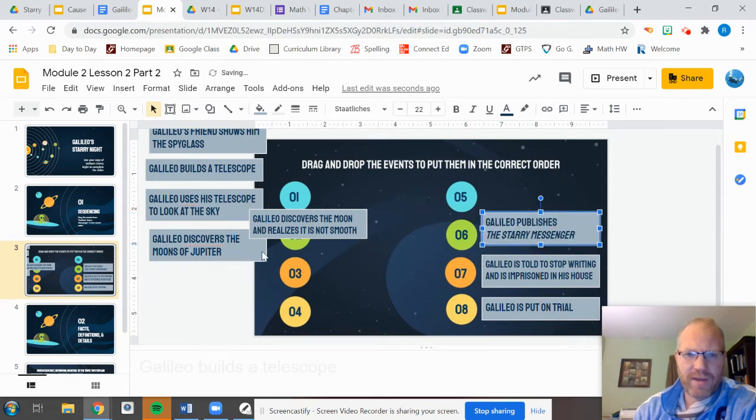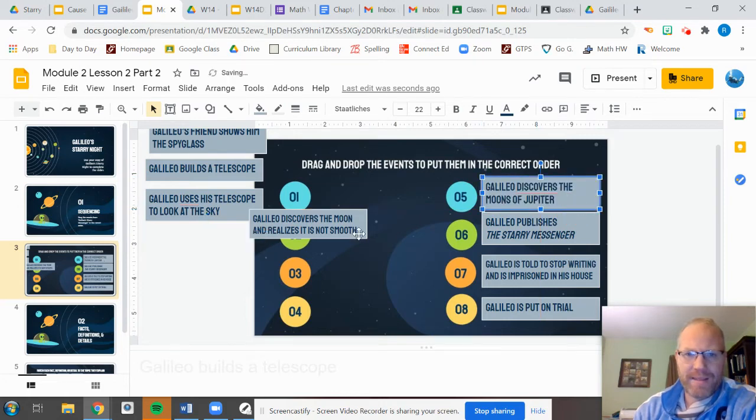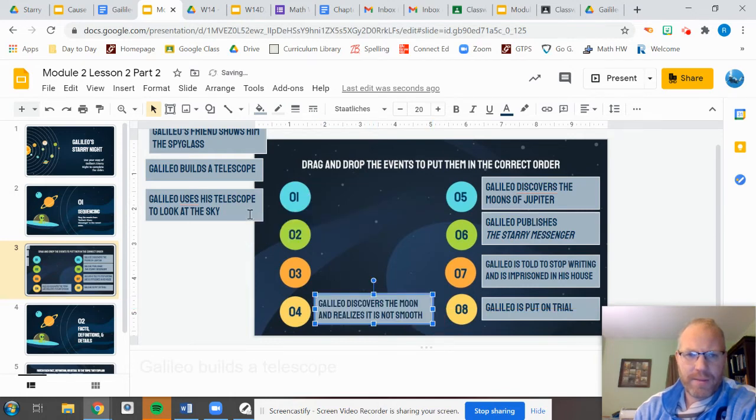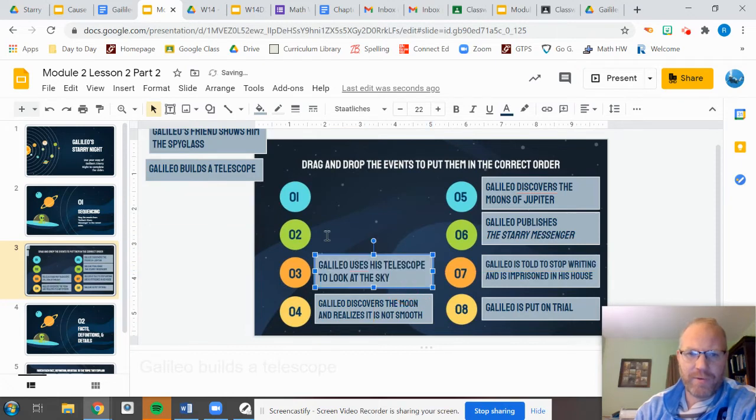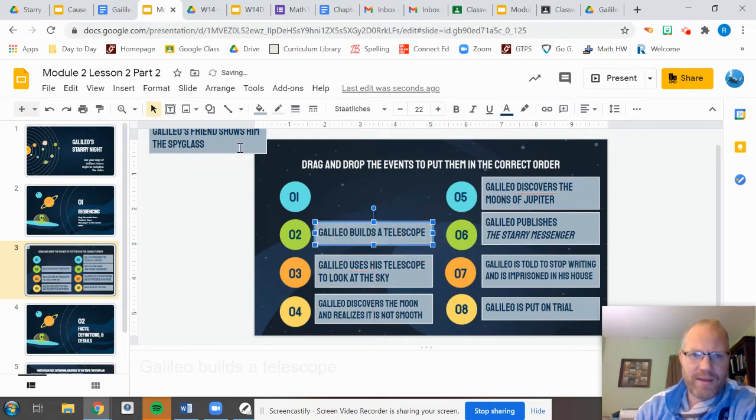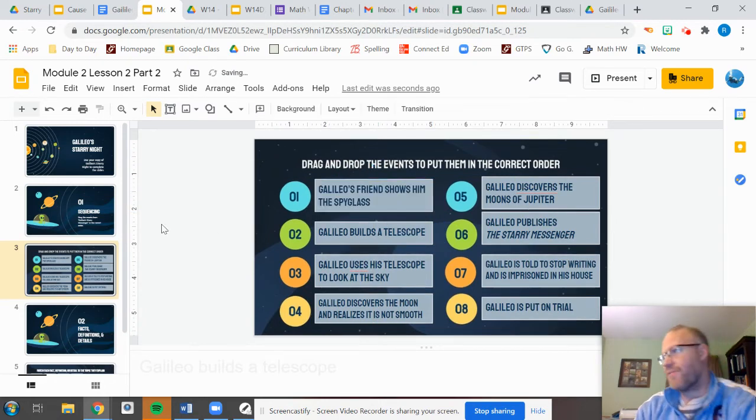He discovers the moons of Jupiter, and he draws them every night. He discovers the moon is not smooth. He uses his telescope to look in the sky. I'm going backwards. This is kind of weird. He builds the telescope so he can look in the sky. And his friend shows him the spyglass, which gives him the idea of the telescope.